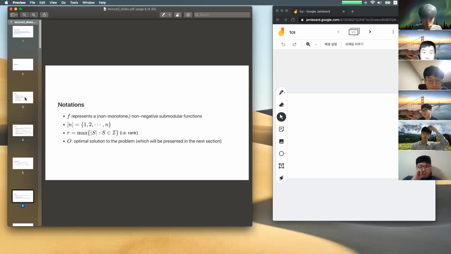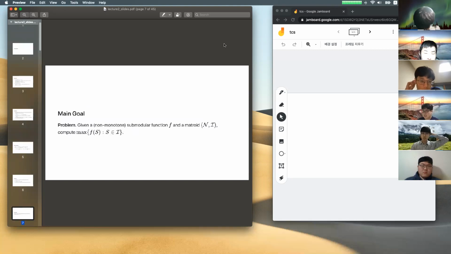So this paper deals with non-negative submodular functions that can also be non-monotone, and the other three are typical notations. R stands for rank.